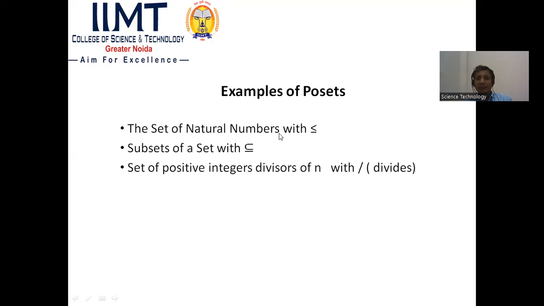The set of natural numbers with the operation of less than or equal to is a poset. That means this relation of less than or equal to is a partial ordering over the set of natural numbers. The subsets of a set with set inclusion relation is again a poset.